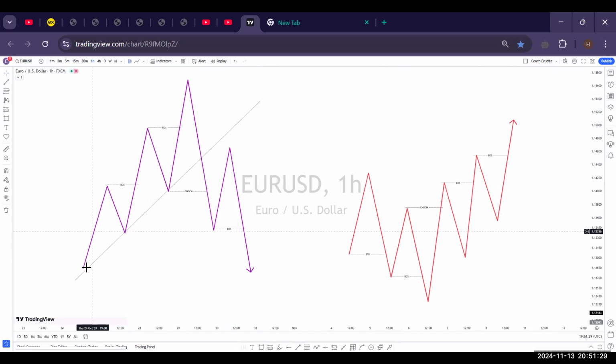You may discover that we have a low here, impulsive move, correctional phase, impulsive move, correctional phase, impulsive move. Look at what price is doing. Price is breaking structure. But at this point in time, please take note. Anytime price breaks your higher low and fails to continue in the original direction and breaks structure to the downward side, this is a change of character to the downward side.